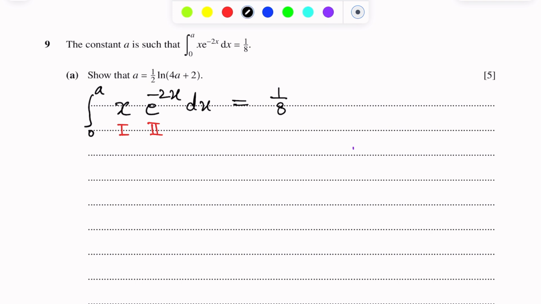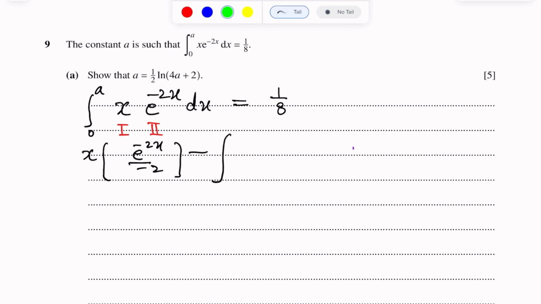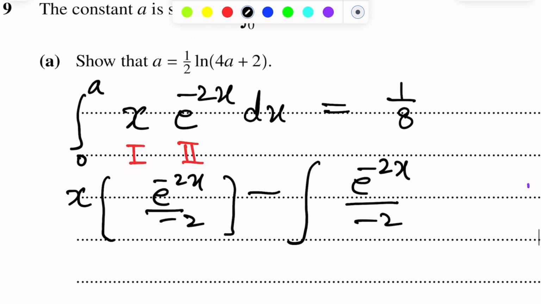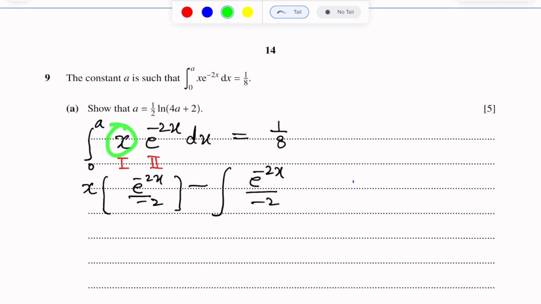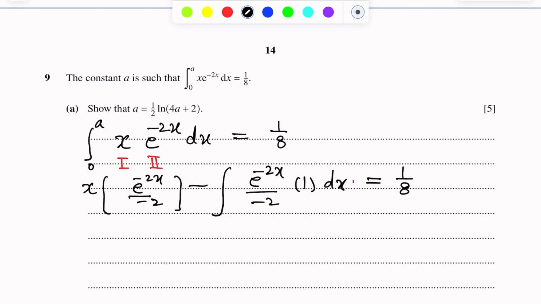Now this becomes the first function as such, times the integration of the second function, e power minus 2x over minus 2, minus the integral of e power minus 2x over minus 2 multiplied by the derivative of the first function. Because the first function is x, its derivative is 1, so we write 1 dx, is equal to 1 over 8.